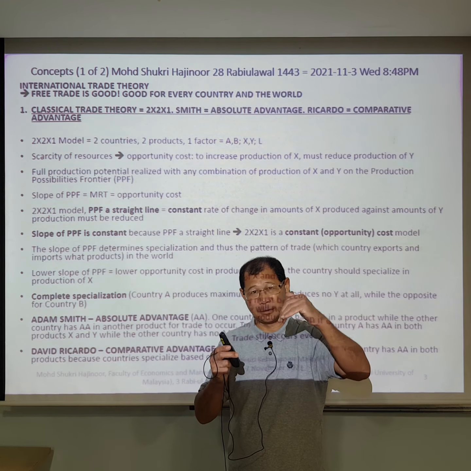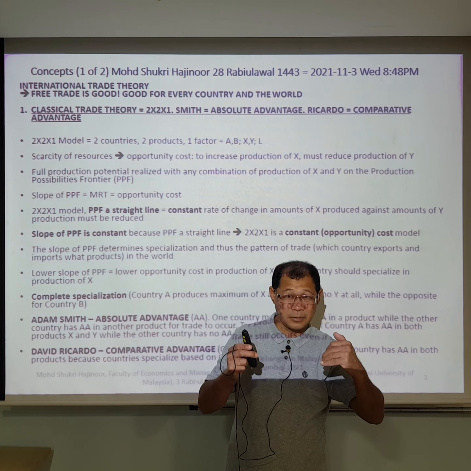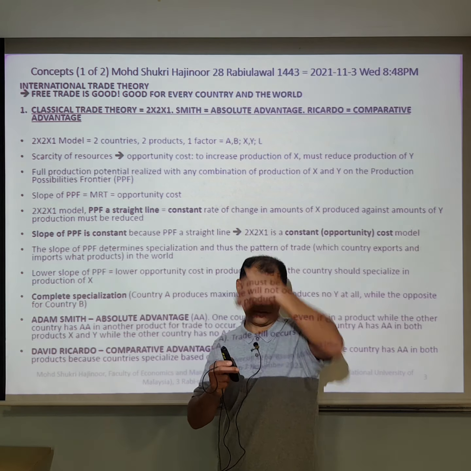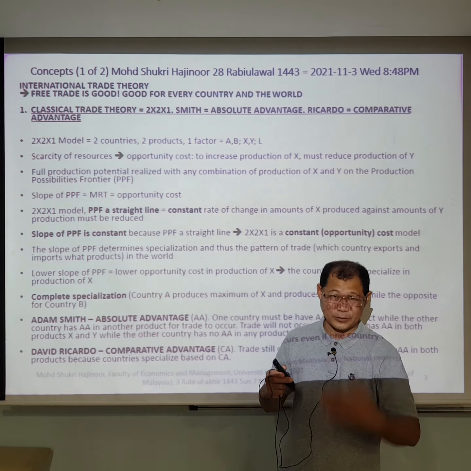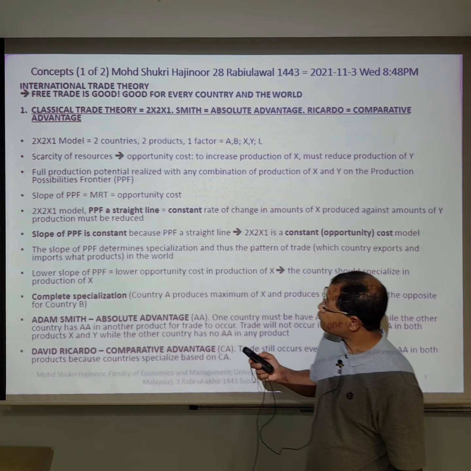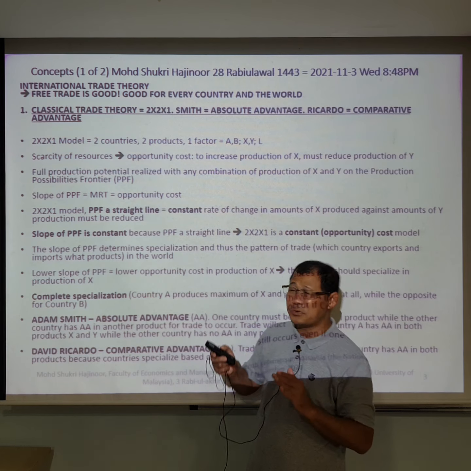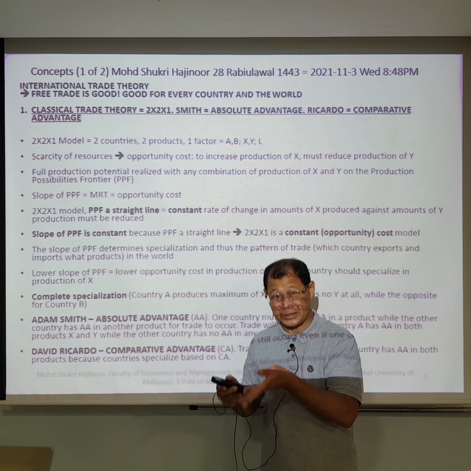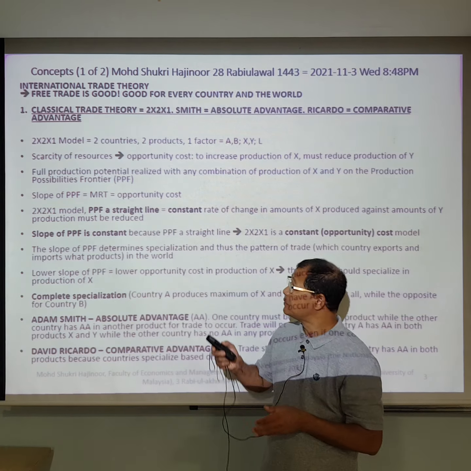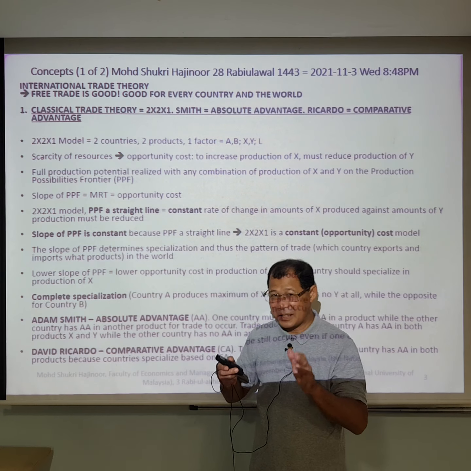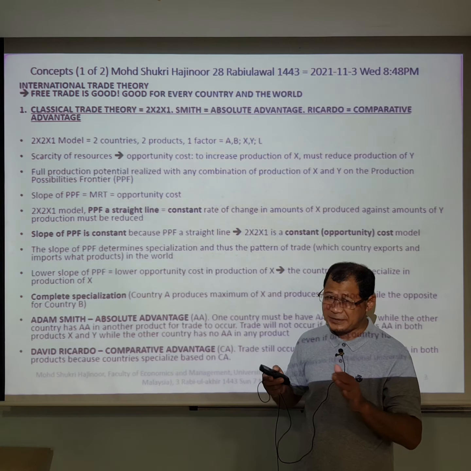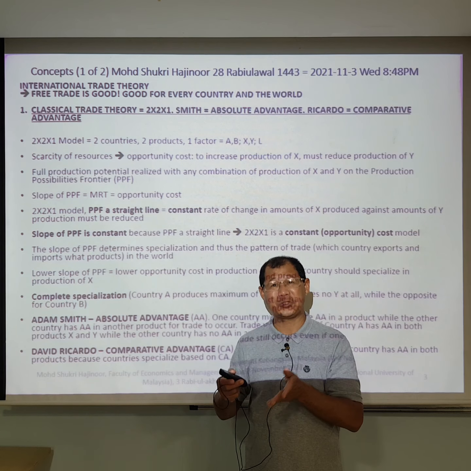That frontier is possible within, not possible outside of that frontier, because of the limited resources that we assume. And then, the slope of that production possibility frontier, we call it the marginal rate of transformation. That slope is actually the opportunity cost.